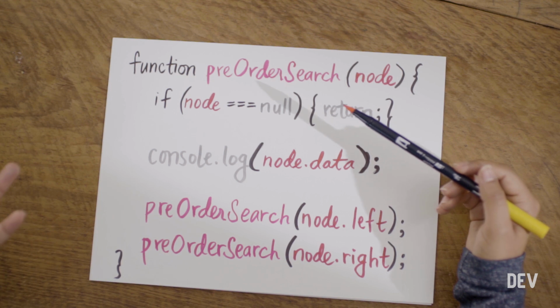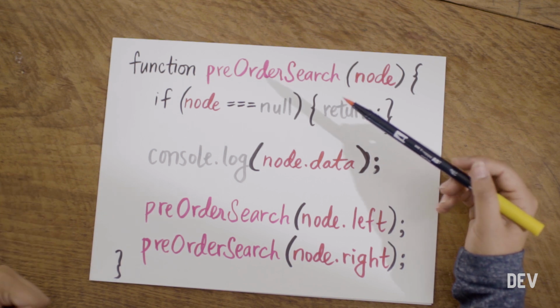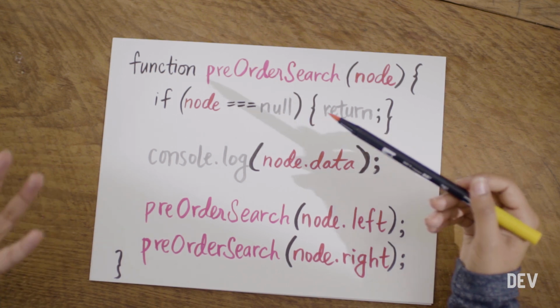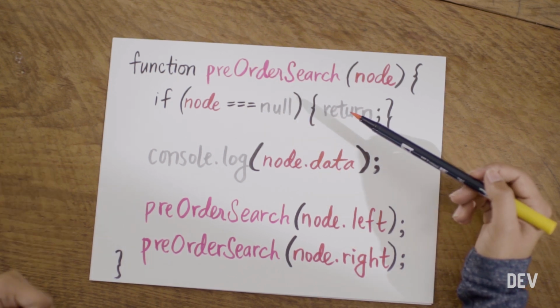But we'll get to the recursion part in a second. The first thing that we need to do when implementing a pre-order search function is make sure that we pass in the node that we're trying to check. This is especially important because we're going to start with the root node, so that'll be the first node we pass. But remember that we want to be able to make this function work for all nodes in the tree.